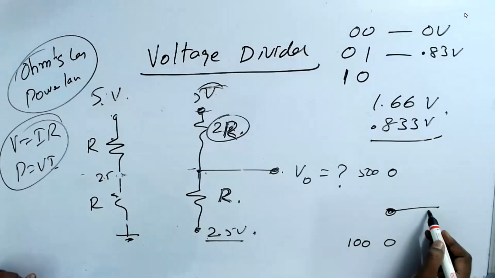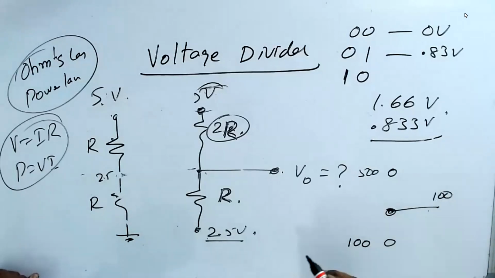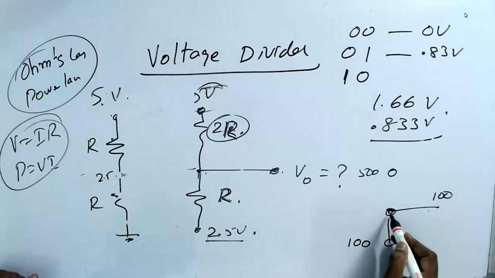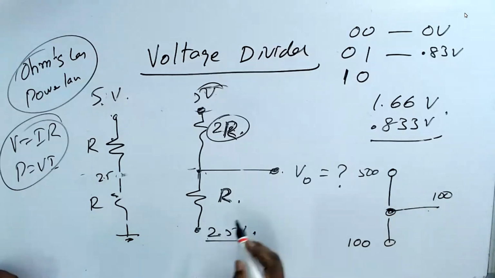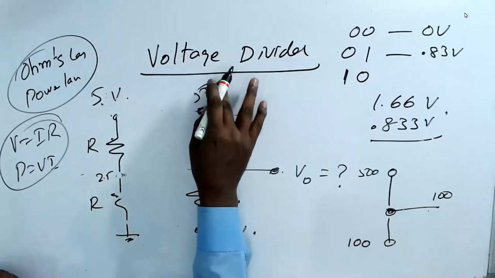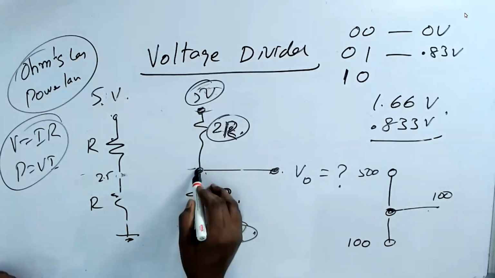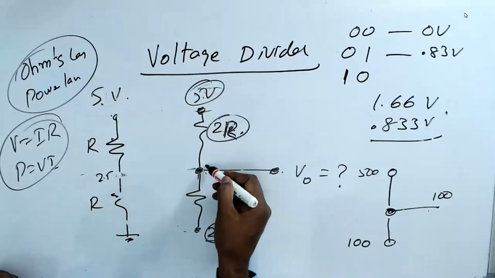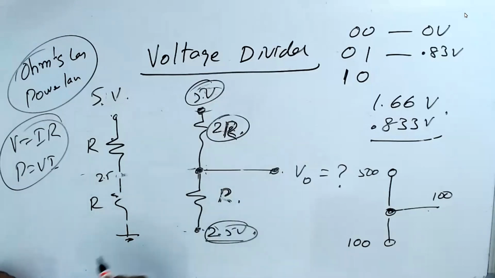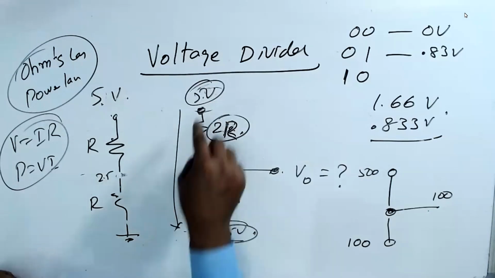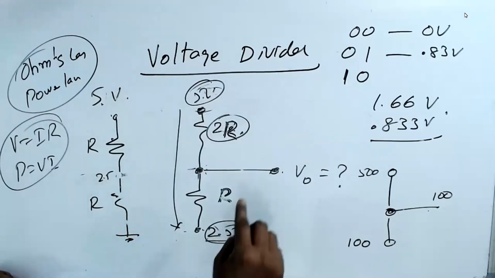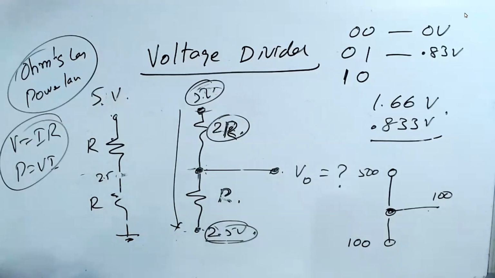Can you tell me this guy has 1,000 rupees? This guy will be more than 100 and less than 500. Because this guy is between 5 volt and 2.5 volt, he has to be less than 5 volt and more than 2.5, because current will flow like this. I want to know what the voltage here is.